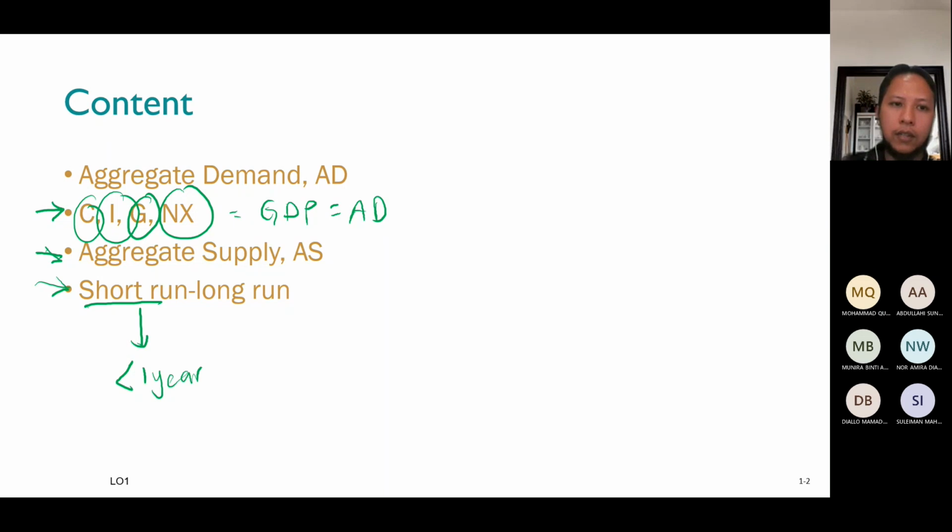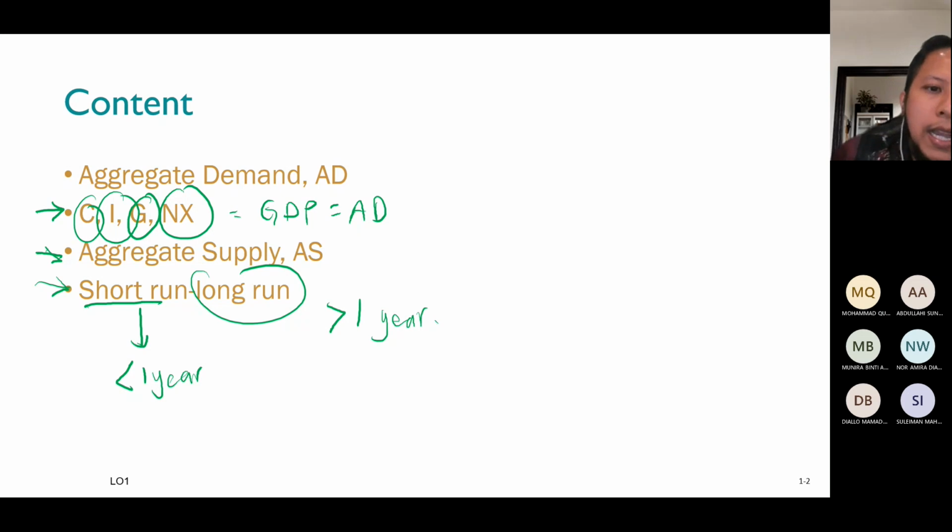Okay, and in the long run, it is referring to more than 1 year. So it can be 10 years, 5 years, right? So that's usually the long run. And depending on the time period, as we will see later, the shape of the aggregate supply will be different. Okay, so these are the topics that we will cover.